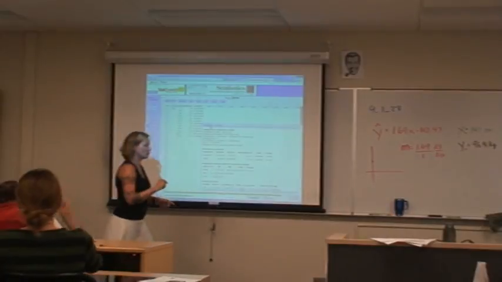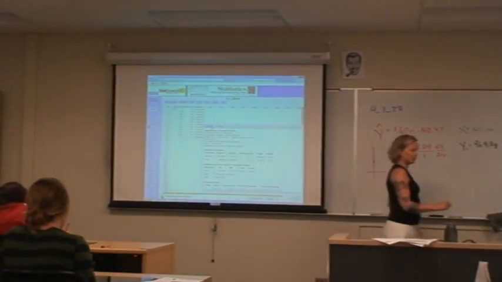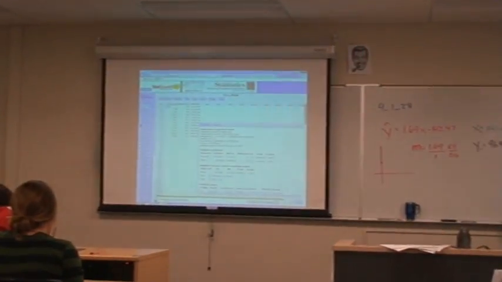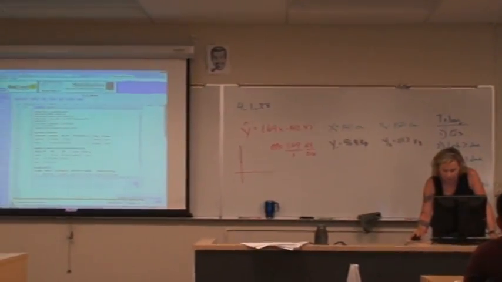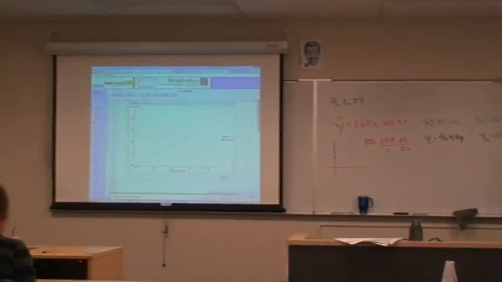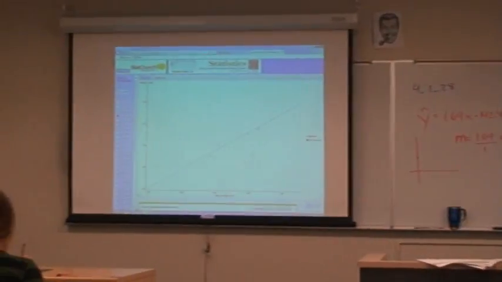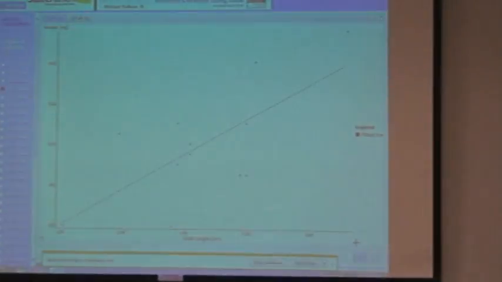Notice some are positive and some are negative. Let's look at the actual graph, and then let's talk about how they're calculated individually. So again, if you click on the little arrow at the bottom, and I'm going to maximize my graph.